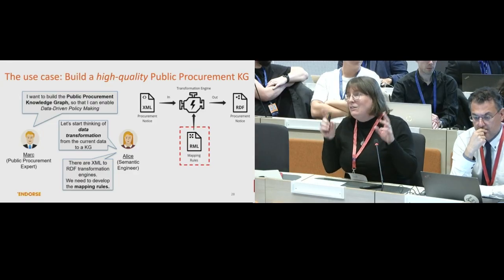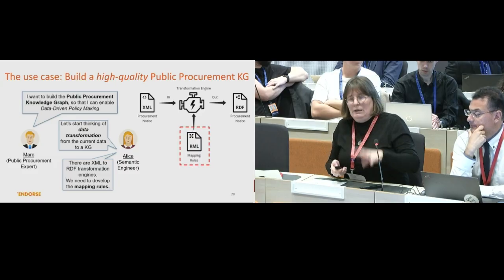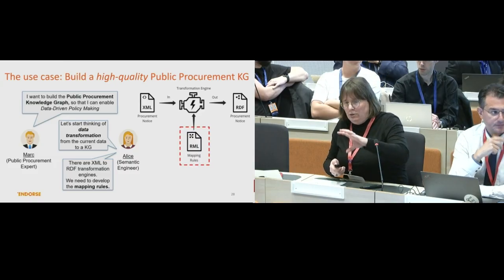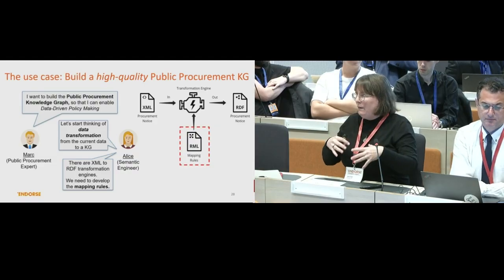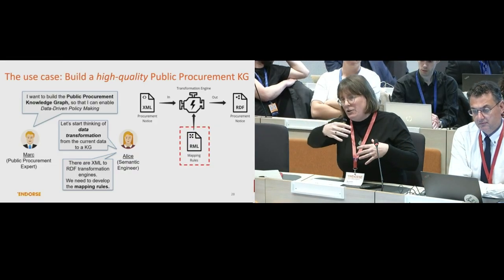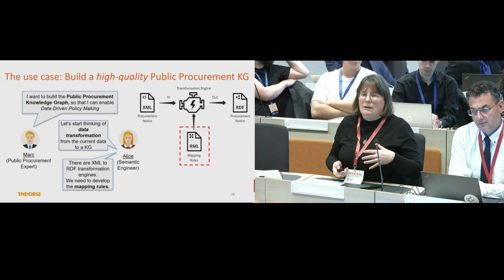It is actually not just the mapping rules. That is basically what this tool and the methodology look like. It works on how to do that systematically. Once we have the mapping rules, they are given to the transformation engine, which does the translation from the XML into the RDF.